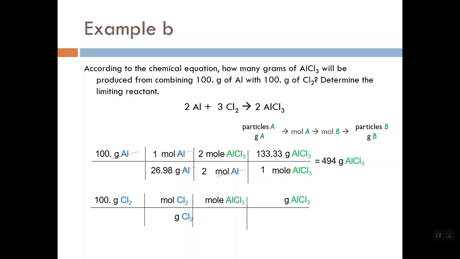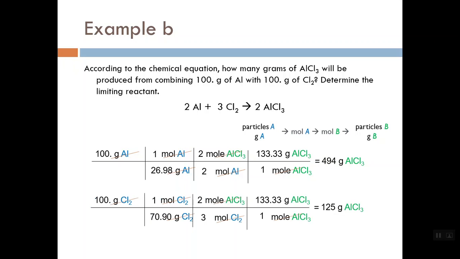I'm going to copy down the unit, grams chlorine, moles of chlorine, moles of aluminum chloride. Let's fill it in with numbers. Molar mass of chlorine is 70.90, a ratio of 2 to 3. And again, it's the same molar mass for aluminum chloride, right? And multiply and divide, and we get a total of 125 grams of aluminum chloride.